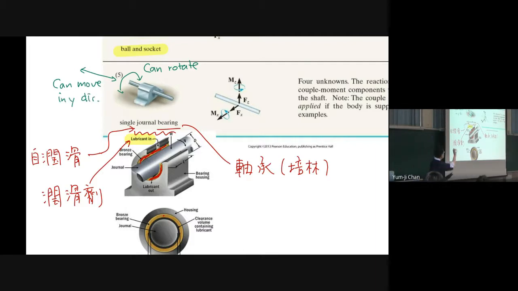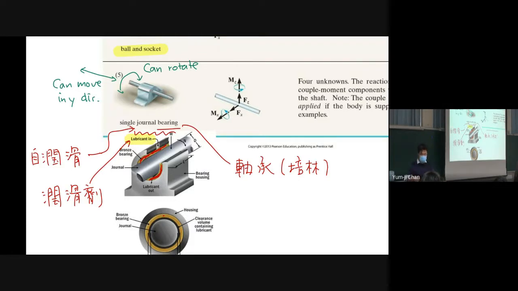The shaft can be rotated freely, and the shaft can move freely in this direction. Besides these two, the movement in the other four directions is not possible.